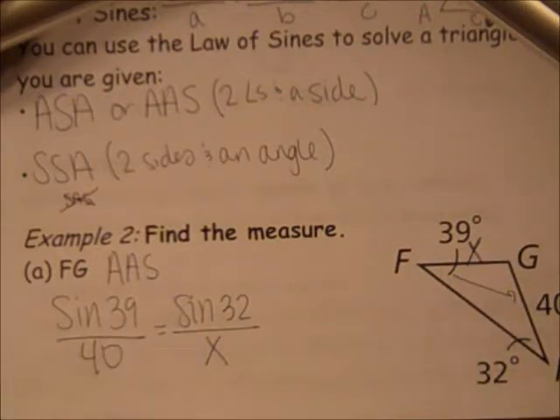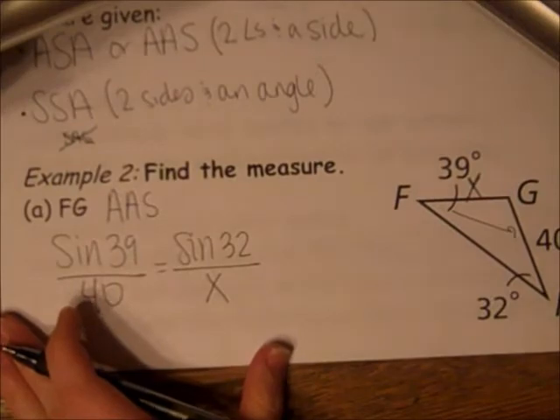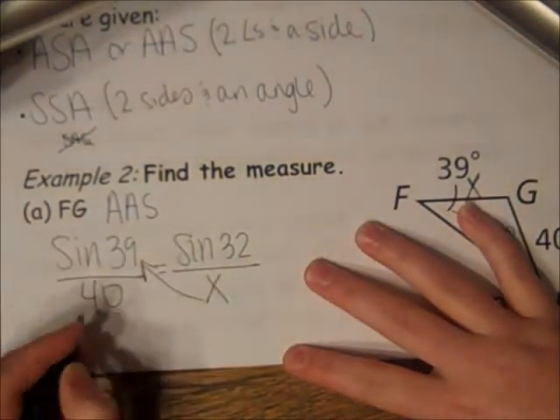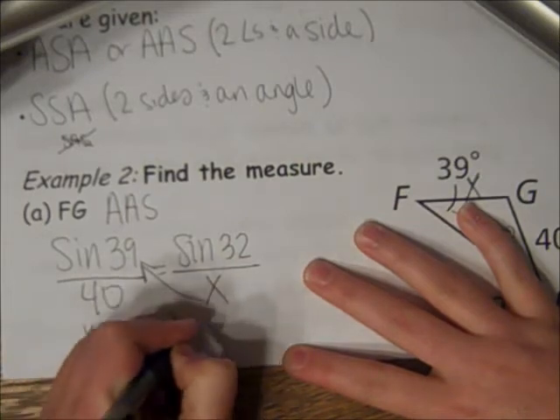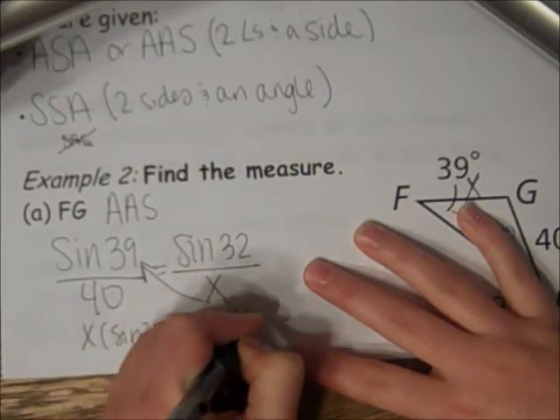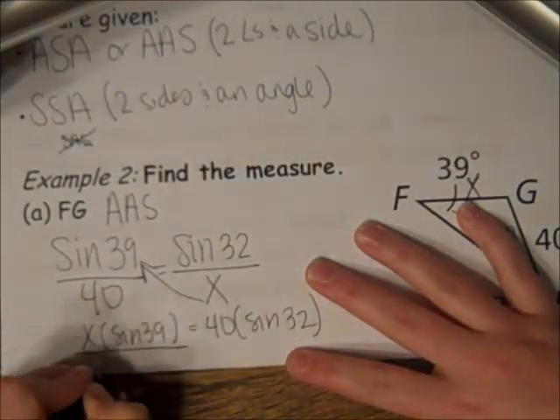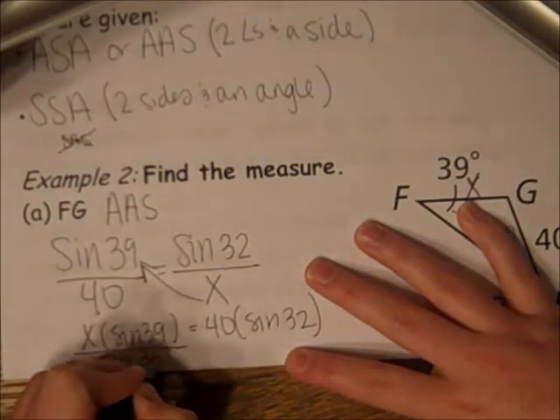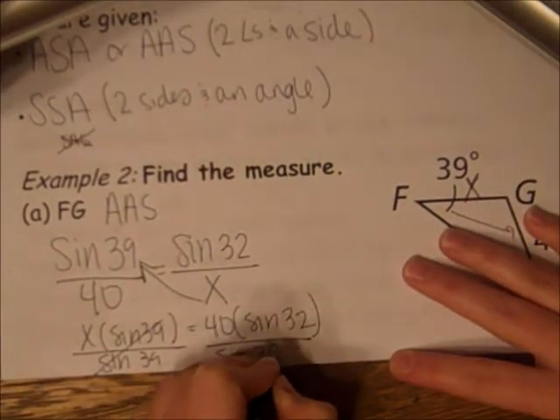This looks kind of complicated, but it's really just a proportion that you're going to solve like we did in chapter 7. So when I cross multiply here, I get X times the sine of 39 is equal to 40 times the sine of 32. To get X by itself, I would have to divide by the sine of 39 over here to keep it even.